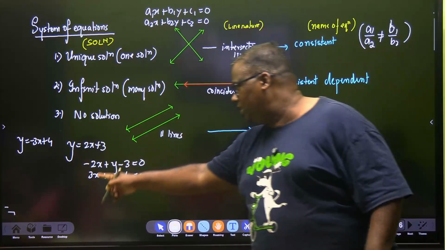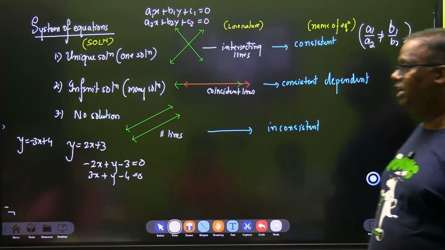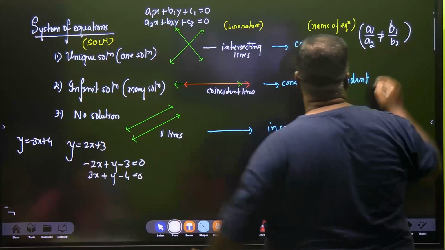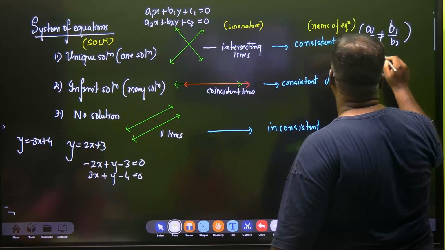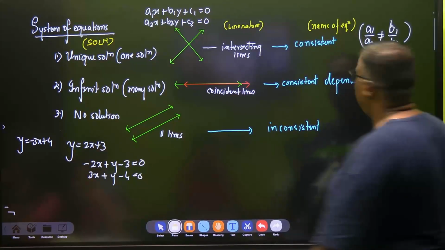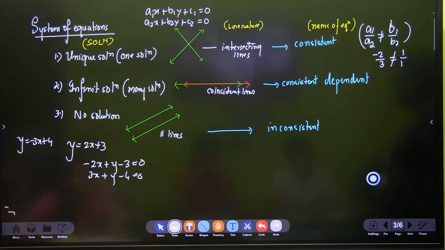Therefore, this system of equations will always give me a unique solution. Thanks for correcting. Right? So if you look at this equation, it is minus 2 by 3 and on this side we have 1 upon 1. They are not equal. Therefore, we got a unique solution.